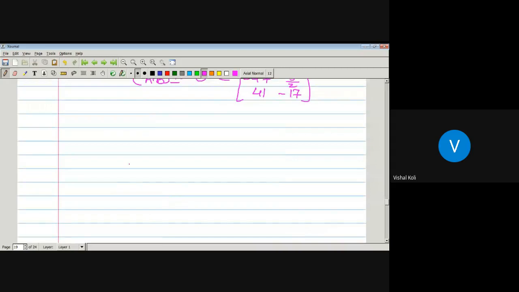So A into B inverse is equal to B inverse into A inverse, which is what we had to show. The inverse of a product of matrices is the product of the inverses of the corresponding matrices in reverse order. Okay. Up to now, any doubt? No, sir.